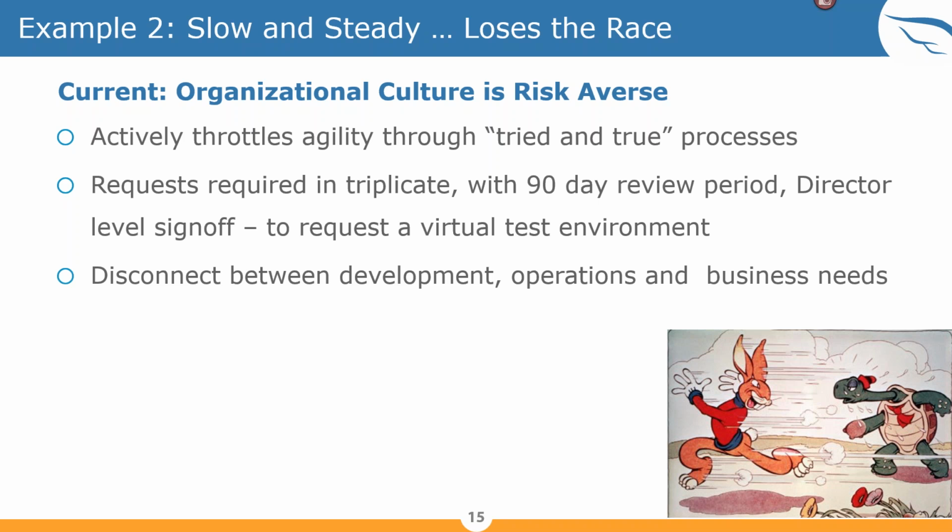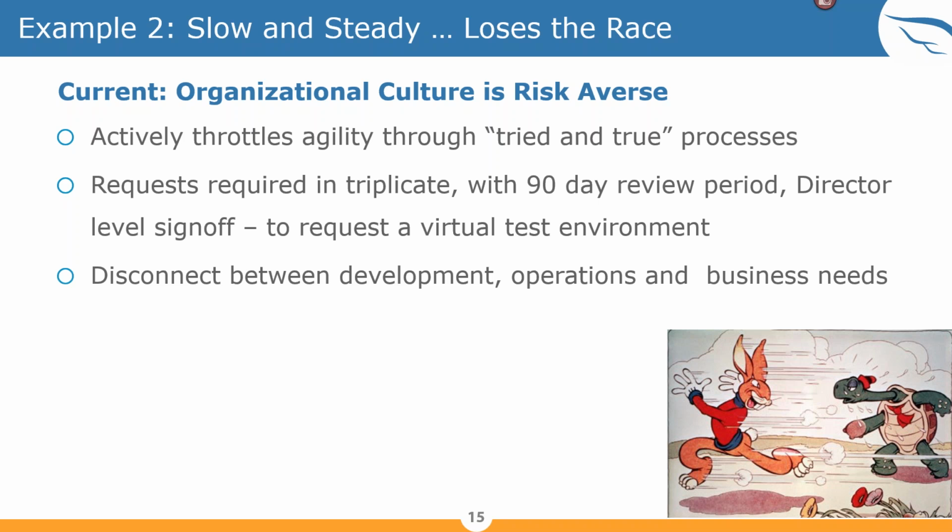So not only are they not agile, they actively throttle agility by using their internal tried and true processes that they believe they have in terms of just checks and balances that, again, culturally, they're very hesitant to remove. So this is the idea of, I just need a new test bed to validate my web app, and I have to go through a 90-day review period and get director-level sign-off to just get a VM test instance. And organizations just dealing with that culturally.